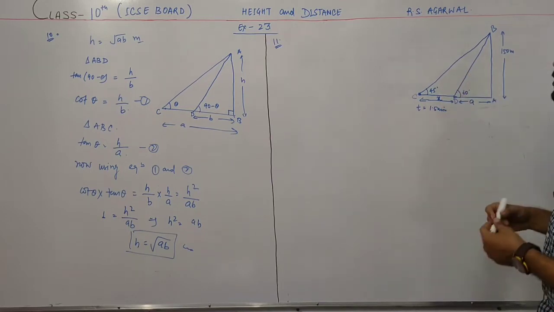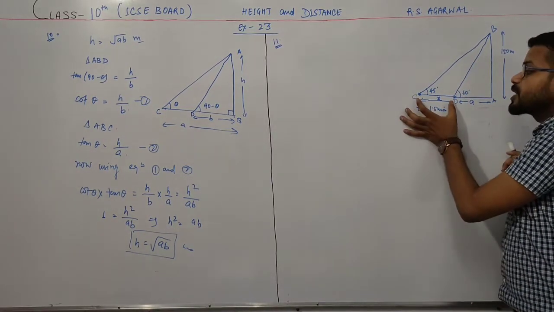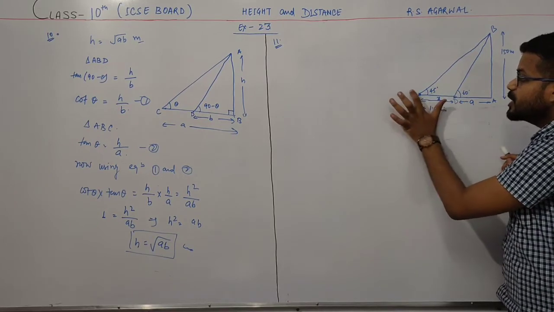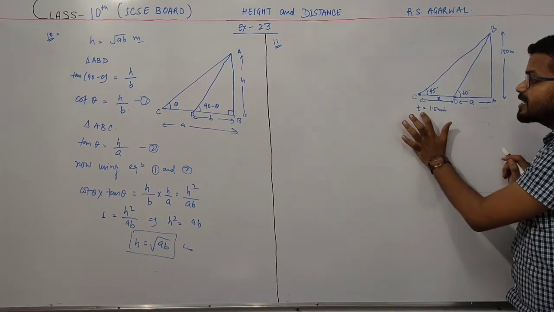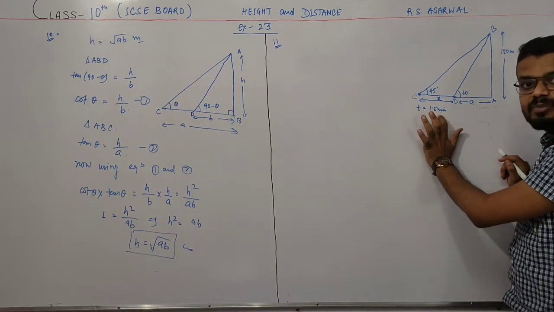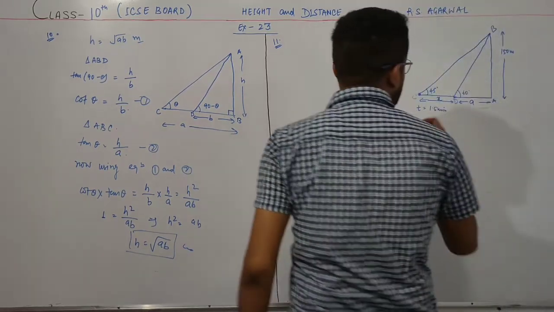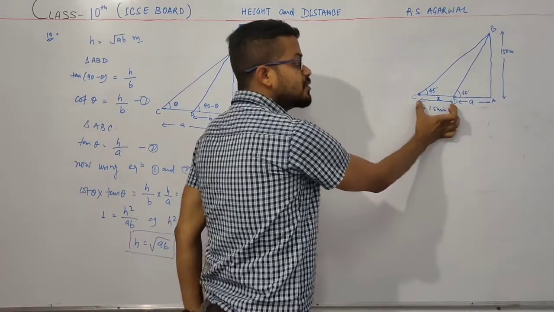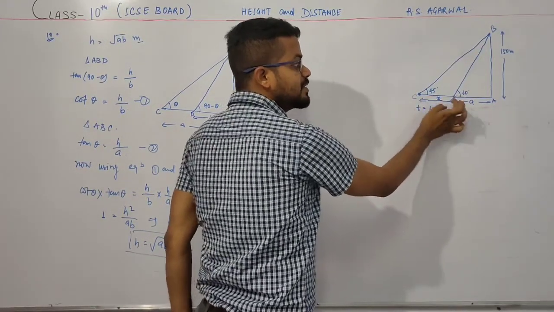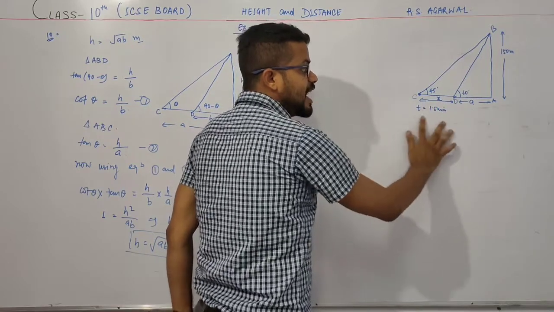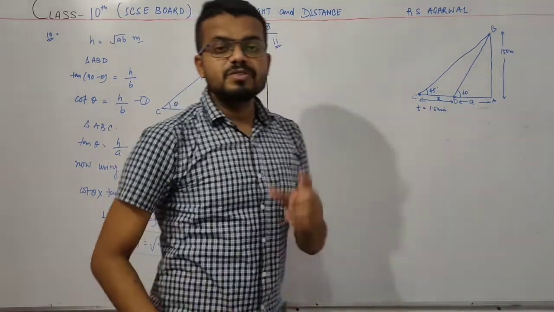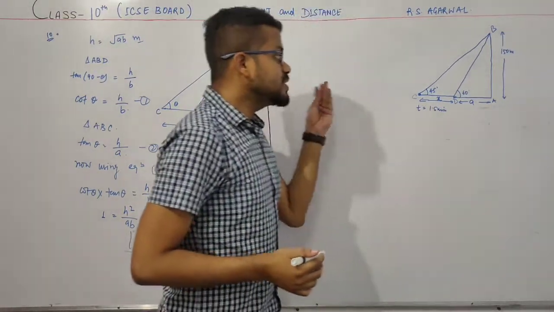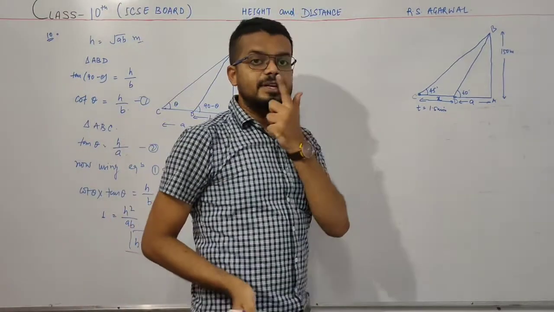We have to calculate the speed at which the boat travels from D to C in 1.5 minutes. Firstly we have to calculate this distance. Once I get the distance between C and D, and we have the time, we know the formula: speed is distance upon time. So by using the formula we can easily calculate the speed.